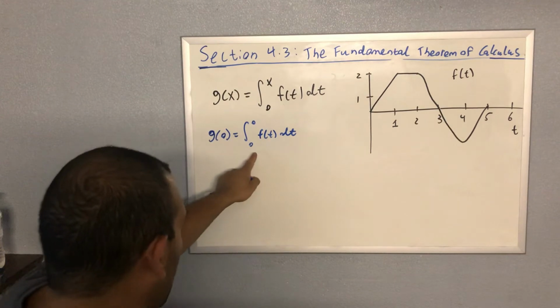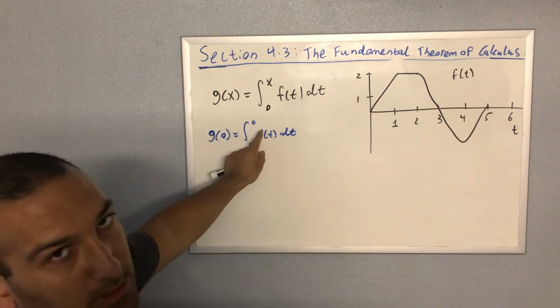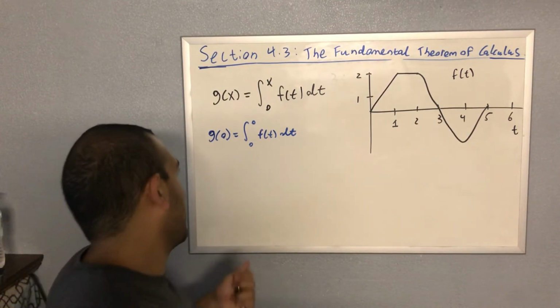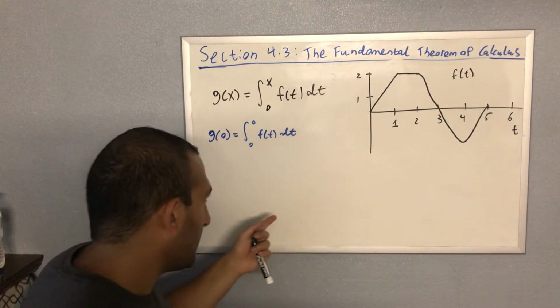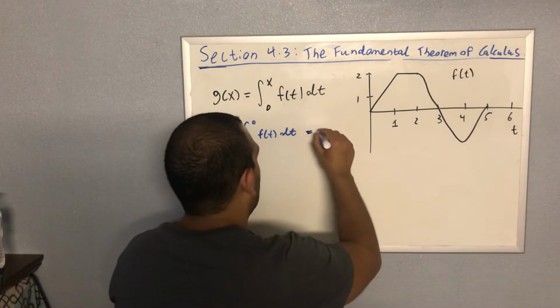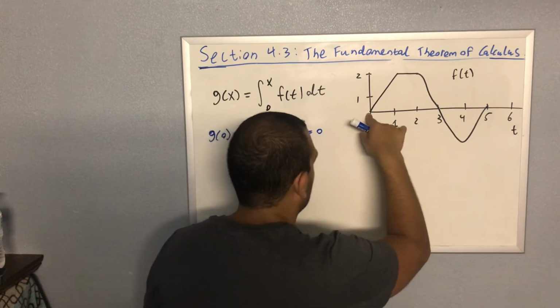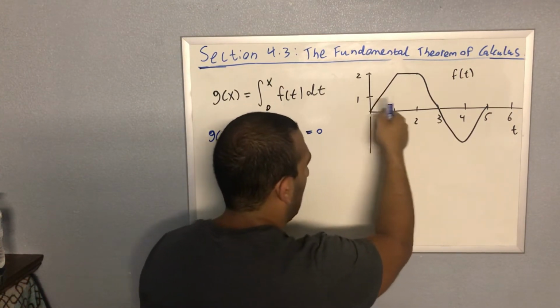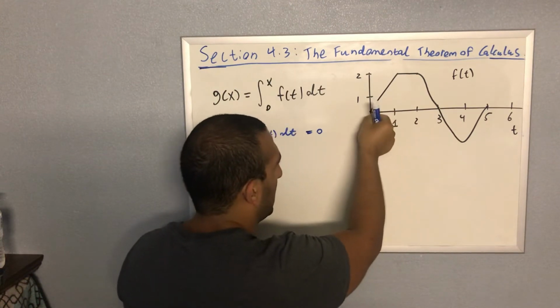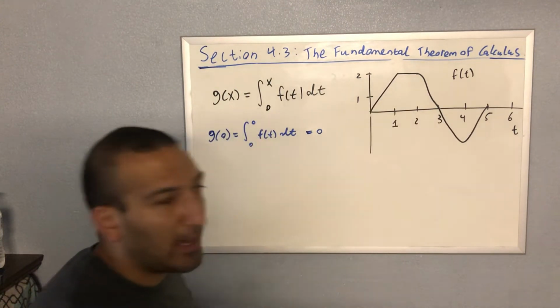And what happens when we have the same limits of integration? This was one of the properties of the definite integral. This is just 0. Because what's the area underneath the curve from 0 to itself? You haven't moved to the right or left at all. The width is 0, so you have no area.